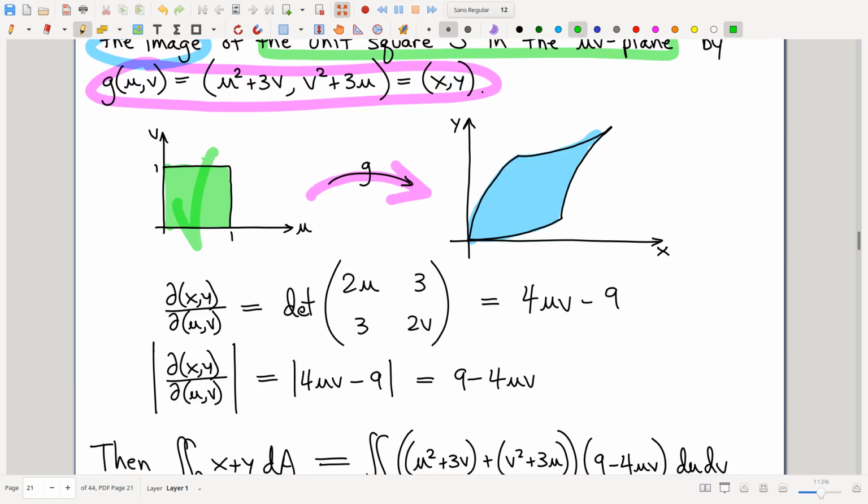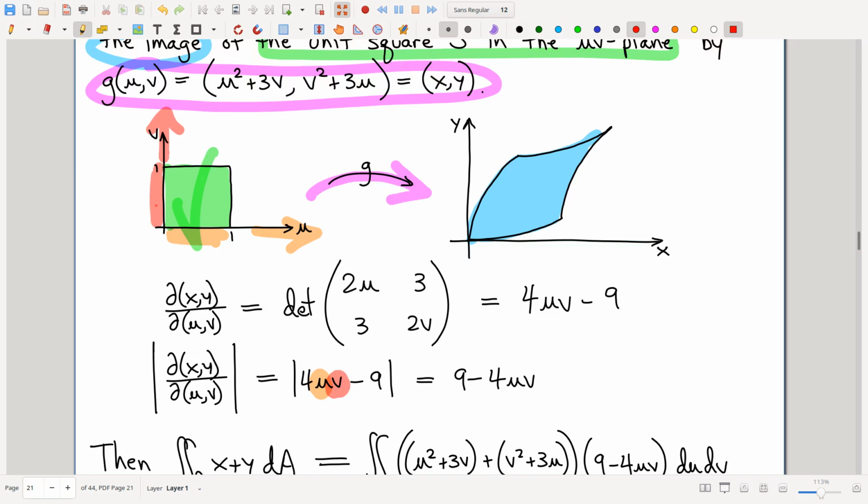That's my pullback domain. And notice, u is the horizontal axis, and I can see right here from the picture u is always between 0 and 1. On my pullback domain, again, I'm just looking at those green points. U is always between 0 and 1. And likewise, there's the V axis, and notice V is always between 0 and 1.